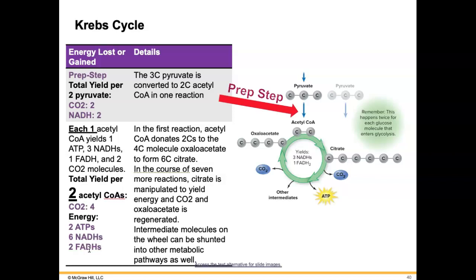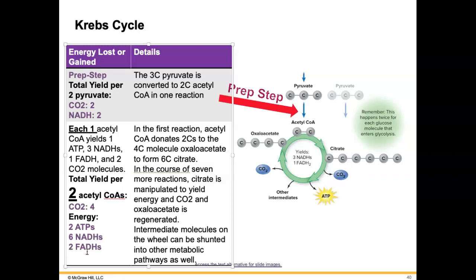So later on down the line in the electron transport chain, these guys will enter into the electron transport chain, and in the process, they are like tokens. For each single NADH token, we get 3 ATP.